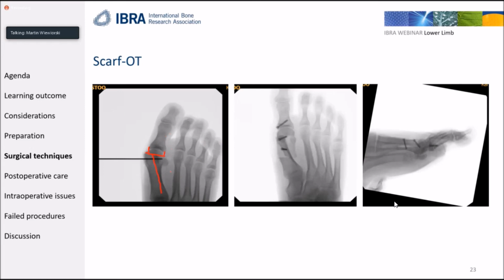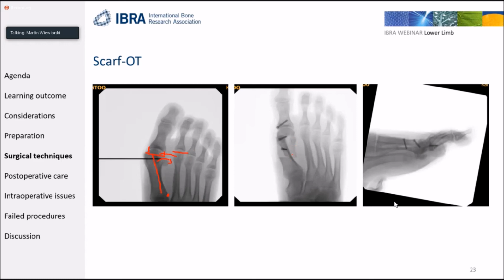So basically, the goal here is not to use this as a center of rotation and swing the whole thing over, because then you will not have corrected the DMMA, which should in the end be parallel to the articular surface of the second metatarsal head. But you have to make a short osteotomy, which I did here.